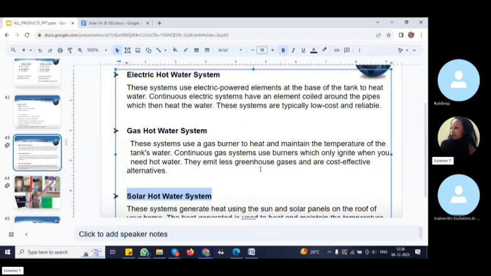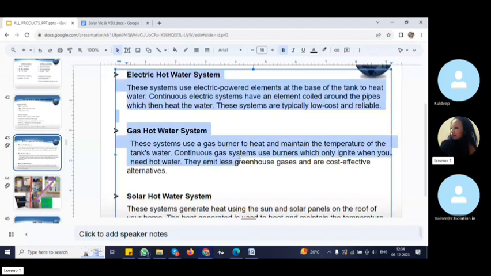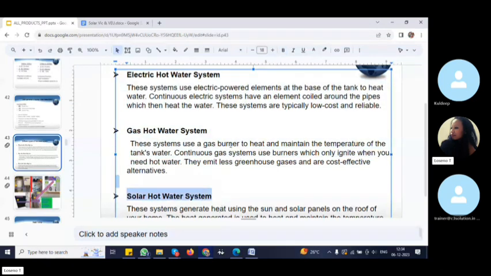Generally these are the common hot water systems that you will find in customer premises. And when they have these, that's where we tell them to upgrade to a new energy efficient heat pump.